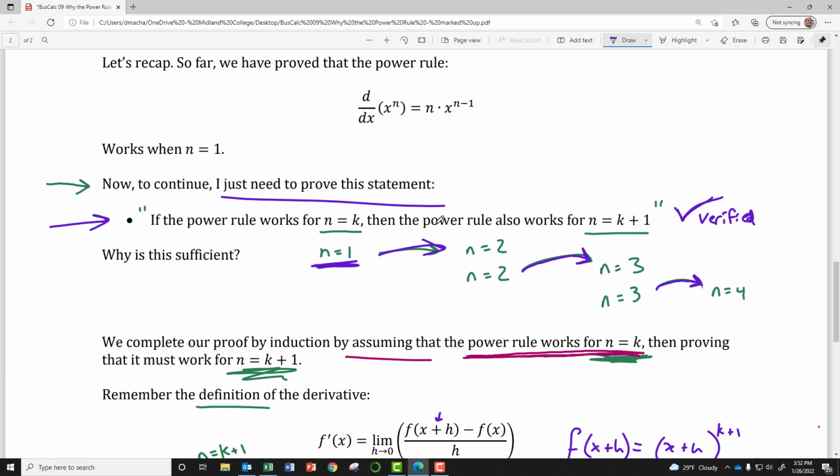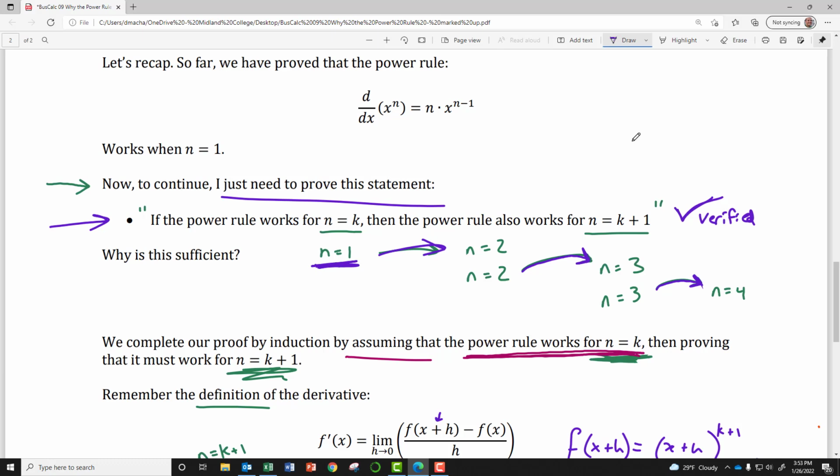And you can see how this goes on for every natural number we can plug in. So this is just rock solid proof that the power rule that we introduced in the last video works for every natural number n.